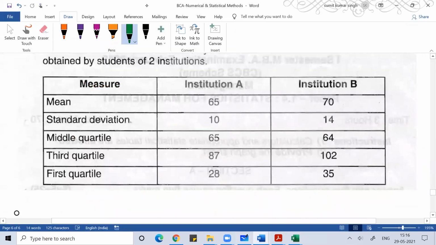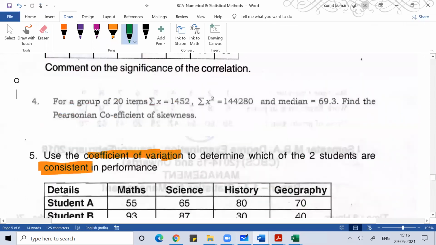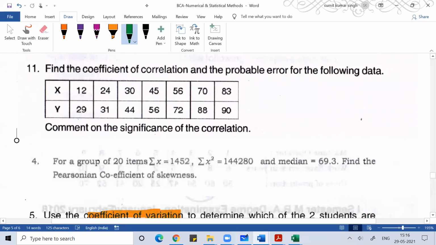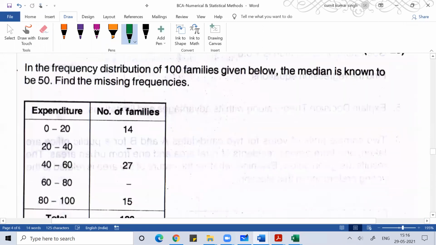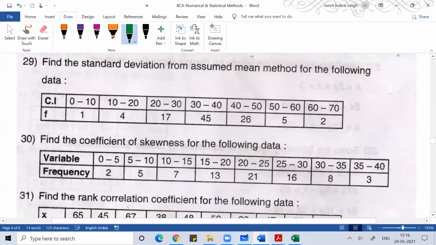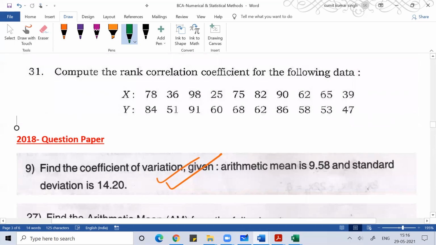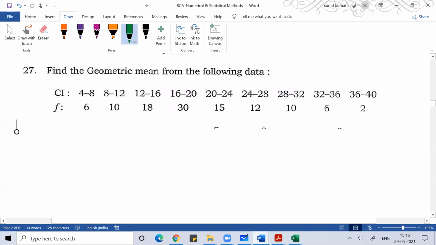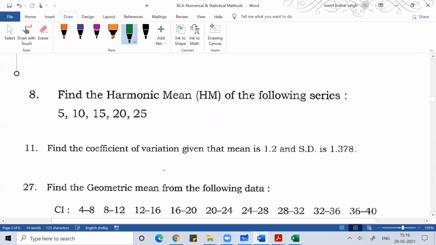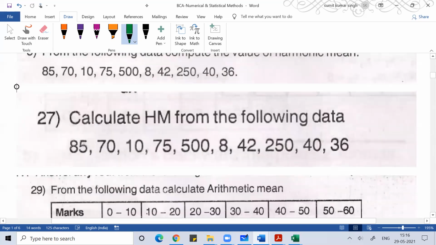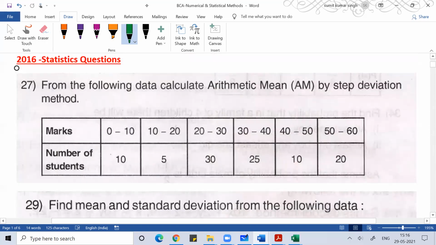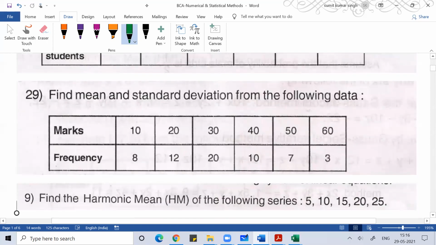So remember, whenever we talk about coefficient of variation, normally we discuss it in this context only. I hope you understood the concept of coefficient of variation. Last class we discussed all the 2 marks questions which can possibly come from that. I don't think you will have any doubt on that part. Any question you want to ask me?